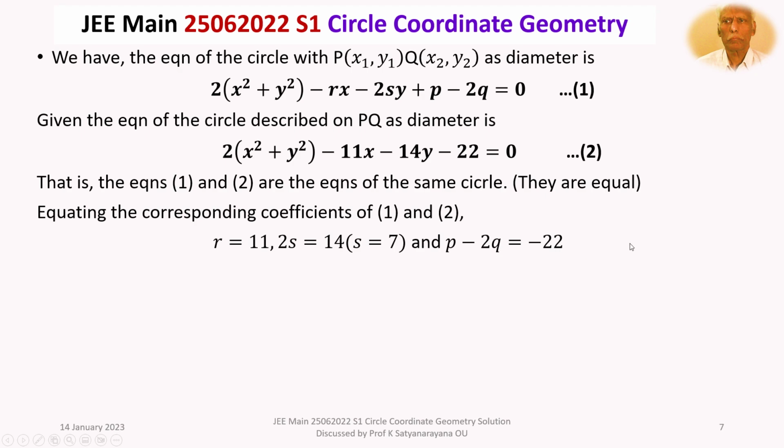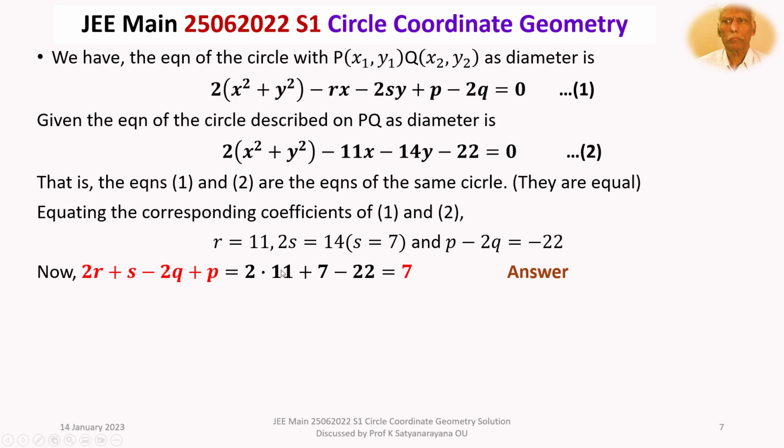What is required to get the answer? We have to find the value of 2r plus s minus 2q plus p. 2r is 2 times 11, plus s is 7, and minus 2q plus p is p minus 2q only, which is minus 22.